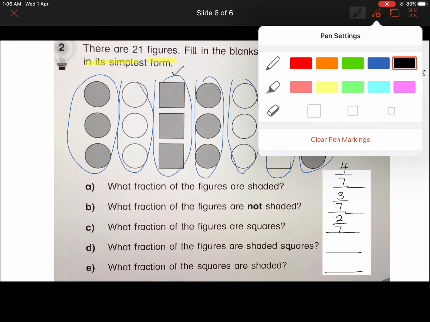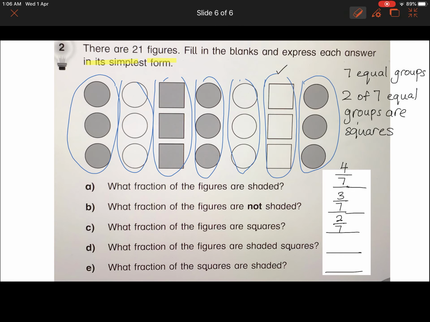Question D. What fraction of the figures are shaded squares? Only one group is shaded square. So this will be 1 out of 7.